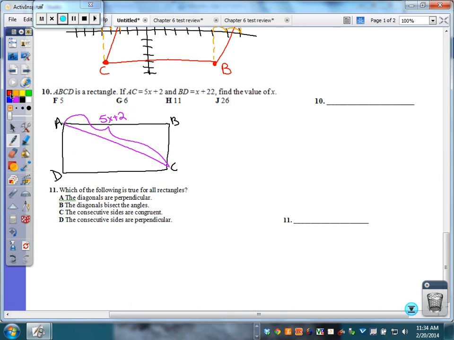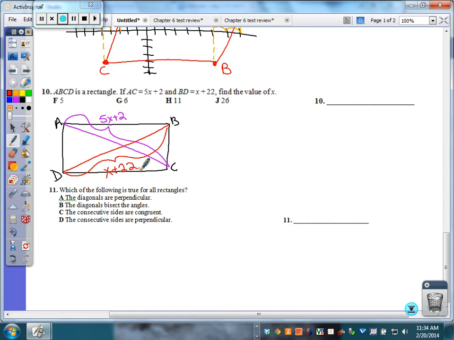And then we're told that BD is equal to x plus 22. Find the value of x.